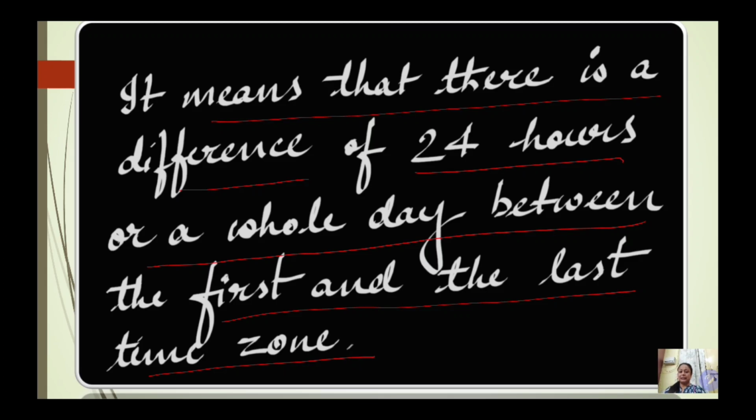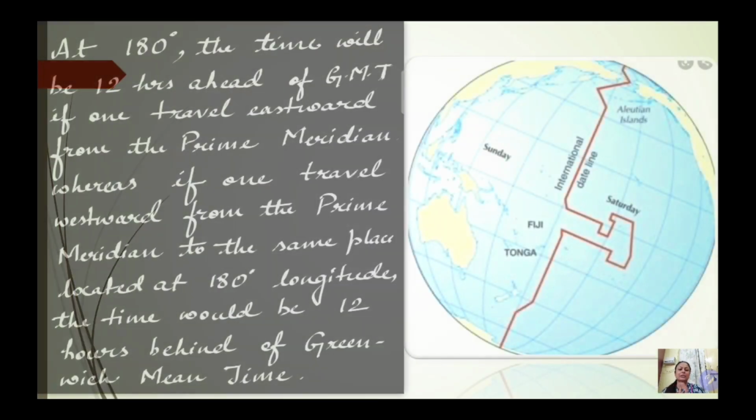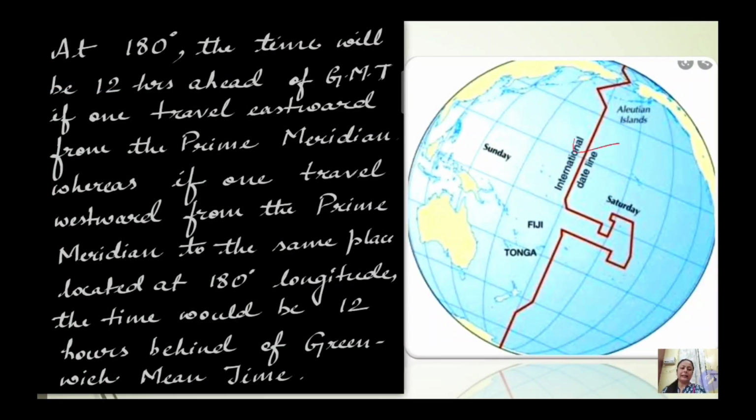If we start from east to west, the whole globe is encircled and then definitely there is a time gap of 24 hours, so one day. Therefore, as soon as we cross the international date line, the date changes.